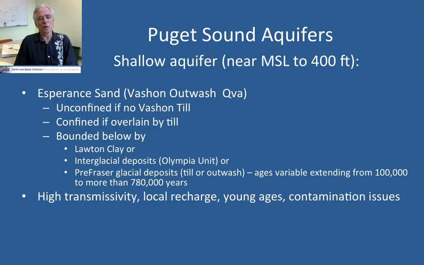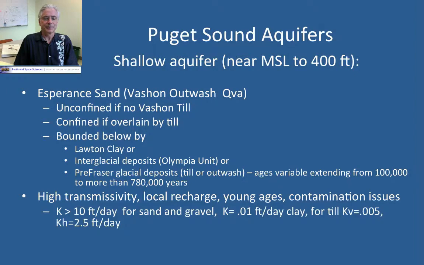The Puget Sound shallow aquifer tends to have high transmissivity. Recharge is local. The age of the water is quite young, and because it's local recharge and fairly rapid recharge to discharge times, contamination is a problem.